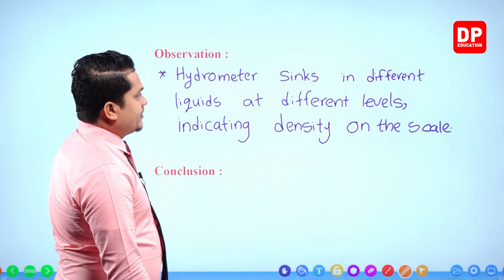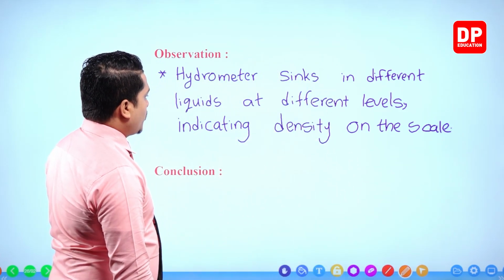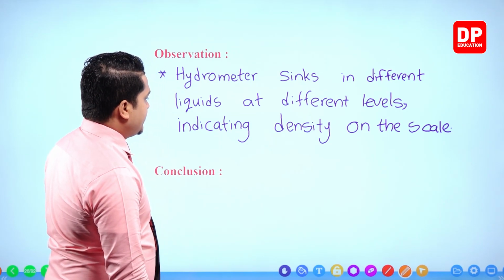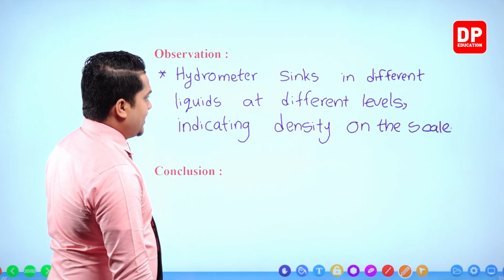Right, so the hydrometer sinks in different liquids at different levels, indicating density on the scale.